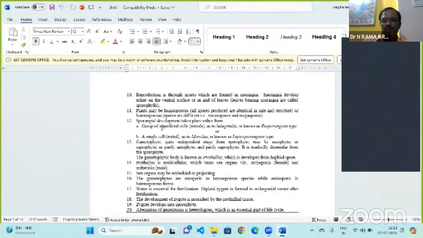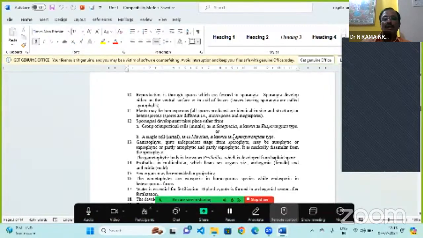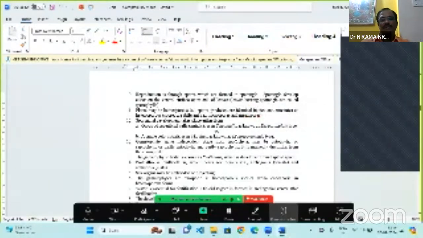That is eusporangiate. Next, the second one is leptosporangiate. The leptosporangium develops from a single superficial initial cell, for example in Marsilea. So that is leptosporangiate, and the other is eusporangiate, the two types of development. This is the development of the sporophyte.